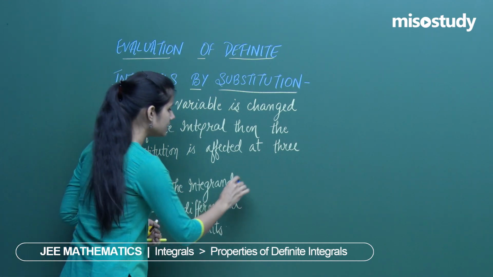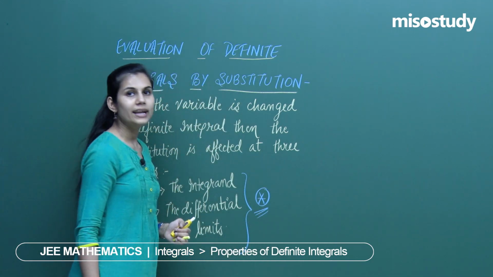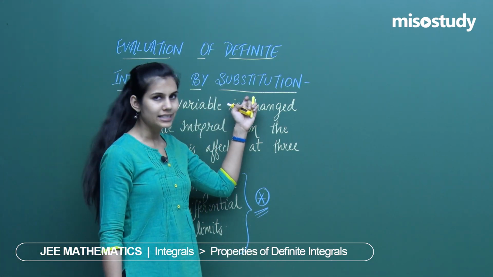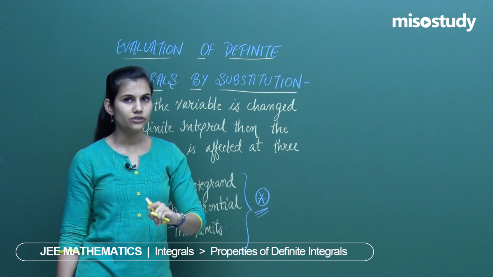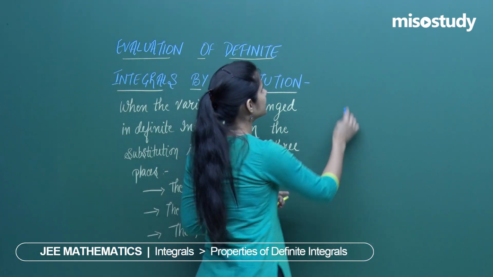Okay, this is a very, very important point to be kept in mind while you are adopting the substitution technique to simplify your definite integral to get its value. Okay, moving on to an example upon it.